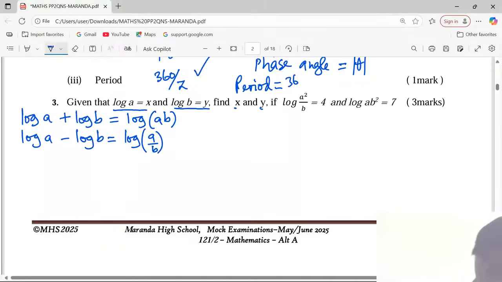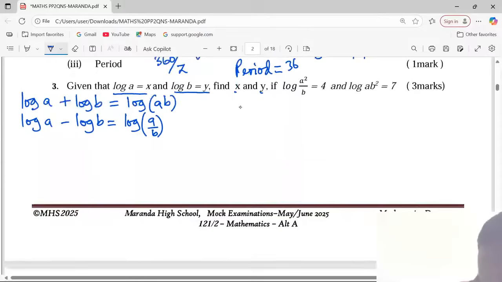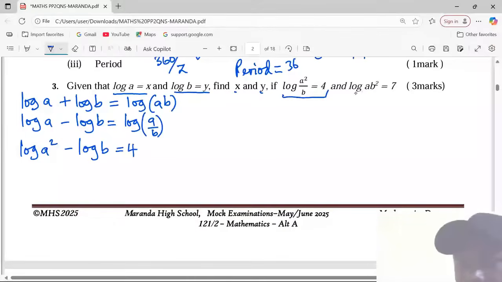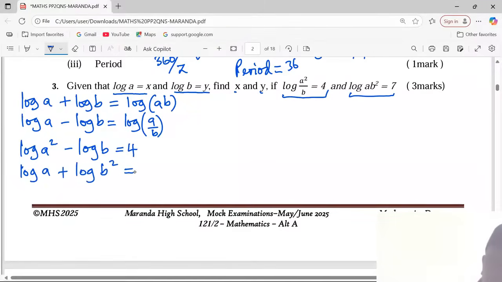If this is so, then the first equation, log of a squared divided by b, means that it is log of a squared minus log b equals 4. And the second one, the log of a multiplied by b squared, translates to the log of a plus the log of b power 2 equals 7.